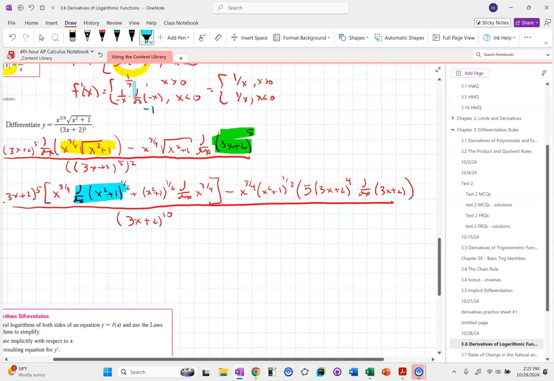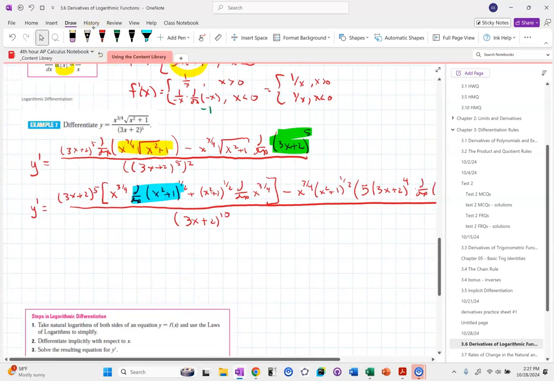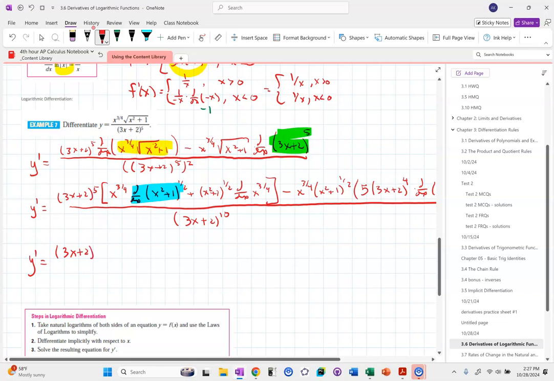To do this derivative, what do I need to do? Chain rule. Oh my God, Mr. Kulik, this is like a problem that just never ends.